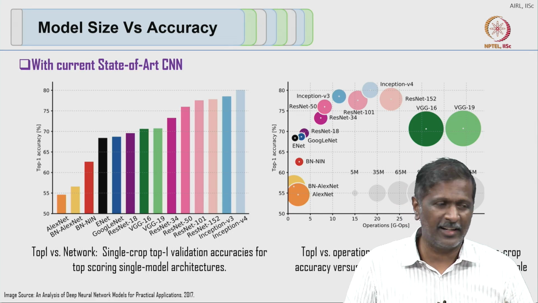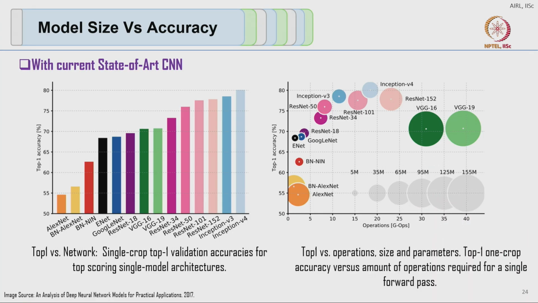So if you look at the current state of the art in CNN, I am just basing this on a review article published in 2017, almost 9 years old, because we are talking about convolutional neural networks. I am just stopping there to give an understanding. A typical problem of topology versus network, to see how accuracies are improving.